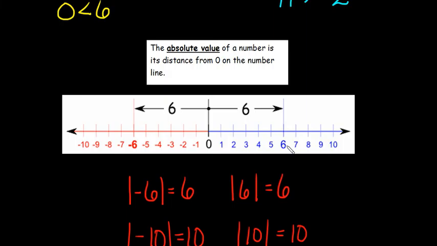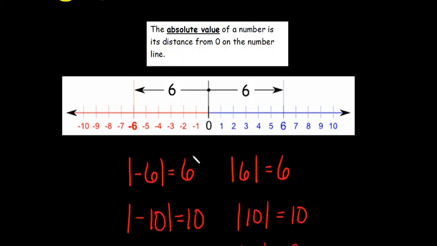I can move 6 places over to the left and get a negative 6. The absolute value of negative 6, and this is how we write that. We write the two vertical lines up and down and put negative 6 in the middle. This means absolute value. So I can draw an arrow over here to help you see that's how we write it. The absolute value of negative 6 is 6.